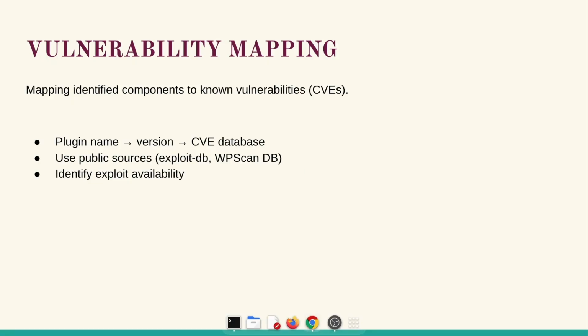Mapping versions to vulnerabilities uses the WP vulnerabilities database, Exploit Database or CVE database. You are not searching randomly. You are checking whether this specific version is vulnerable and valid.